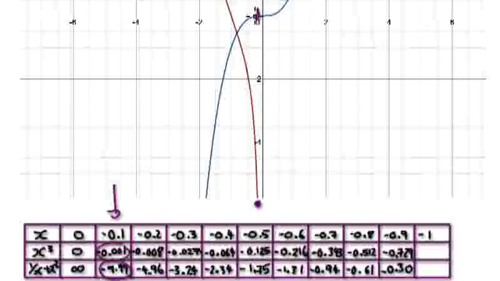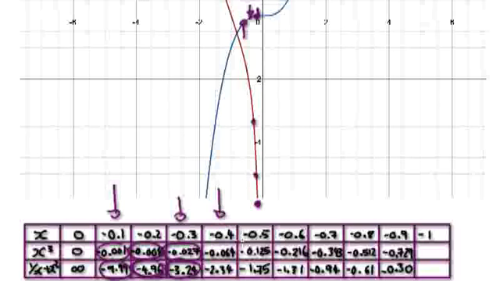Now, if you look at minus 0.2, the red line is still a lot lower than the blue line. This is the blue line here, and this is the red line here. Now let's look at negative 0.3. The red line is not that much lower, but it's still lower than the blue line. Now look at negative 0.4.